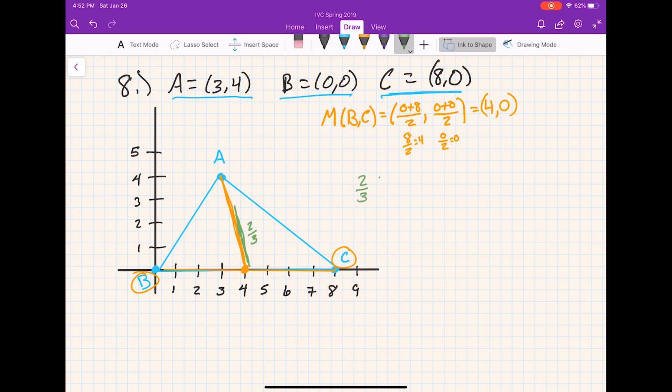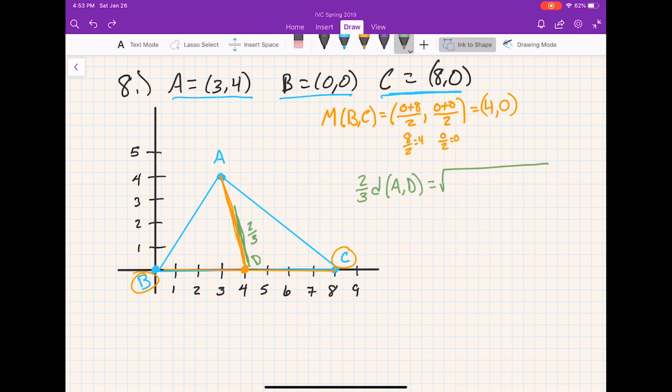I'm going to put the 2/3 down here first before I forget it: 2/3 of this distance. We can name it anything we want. We already have A, B, C, so why don't we put D here? Then we substitute all our information into the distance formula from the points A and D, which was our midpoint.